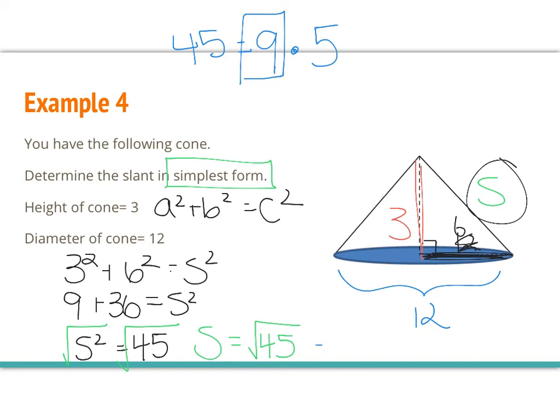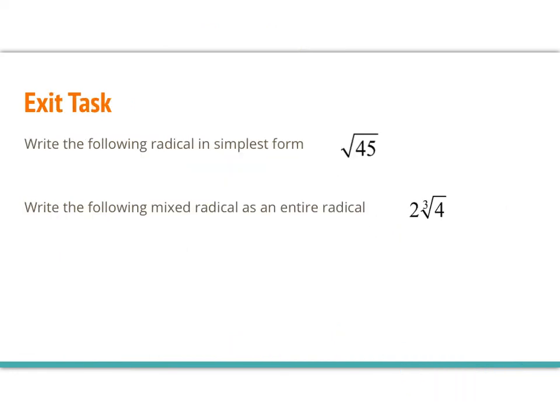So the square root of 45 would be equal to the square root of 9 times 5, which is the square root of 9 times the square root of 5, which would be 3 root 5 as our final answer. So again, simplest form means we're writing it as a mixed radical.